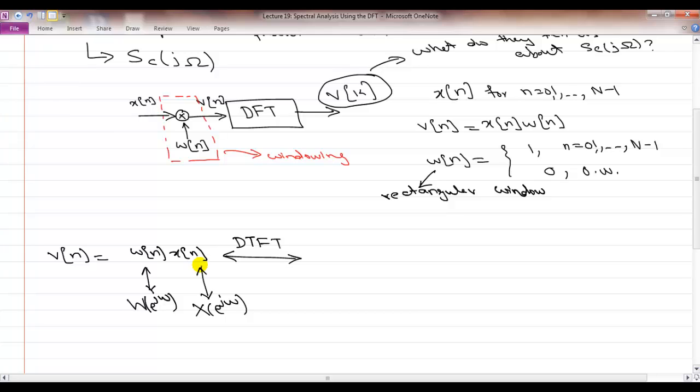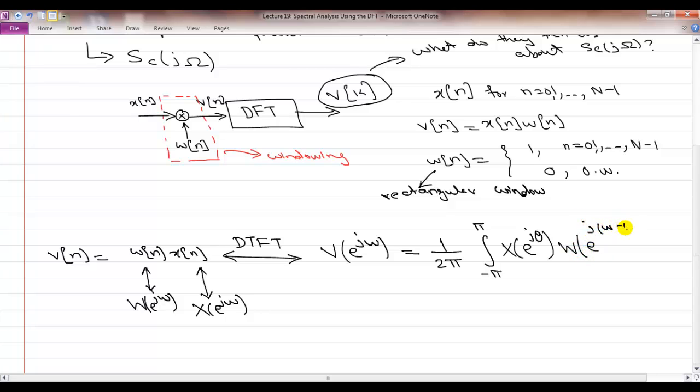Not the regular convolution, because DTFT is periodic. So we get the DTFT of V of n, which I am going to write as V of e to the j omega, that is equal to 1 over 2 pi, integral from minus pi to pi. So that's due to the periodicity. Instead of minus infinity to infinity, convolution, so X of e to the j theta, W of e to the j (omega minus theta) d theta. Right?